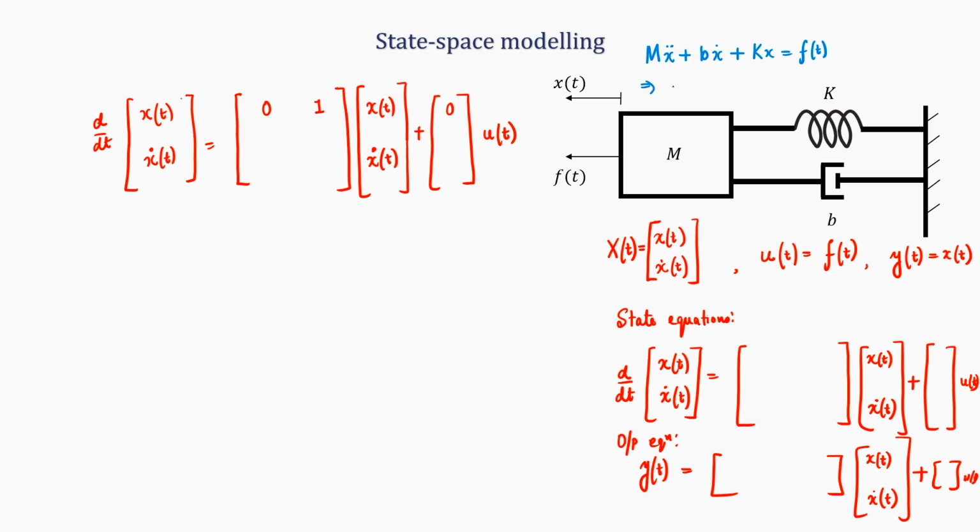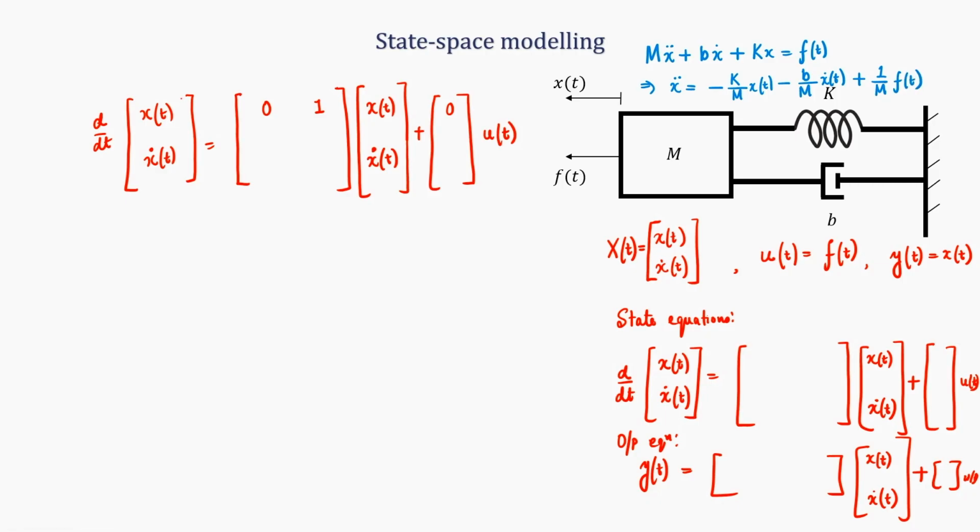And from here you can see that x double dot can be written as minus k by M x(t) minus b by M x dot(t) plus 1 by M f(t).